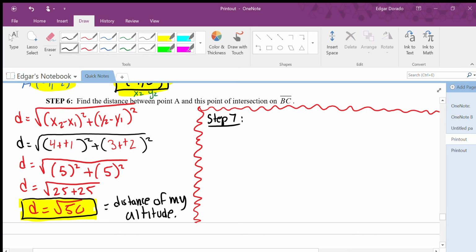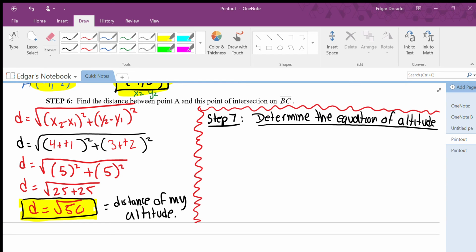But to determine the equation of the altitude. So if you're ever asked to write the equation of the altitude, this is what you need to do, okay? I'm going to write a little set of instructions here for you guys.